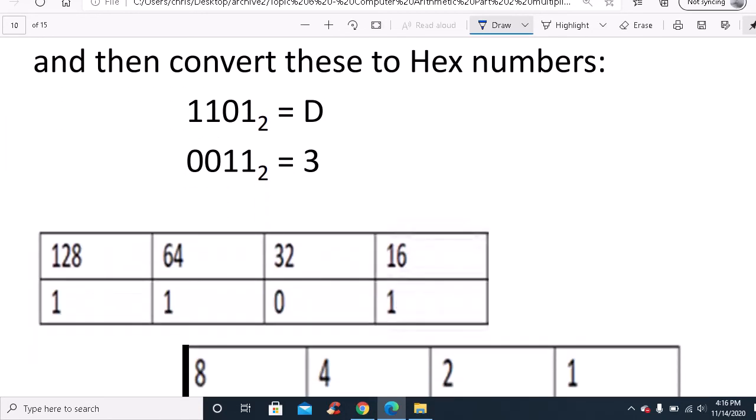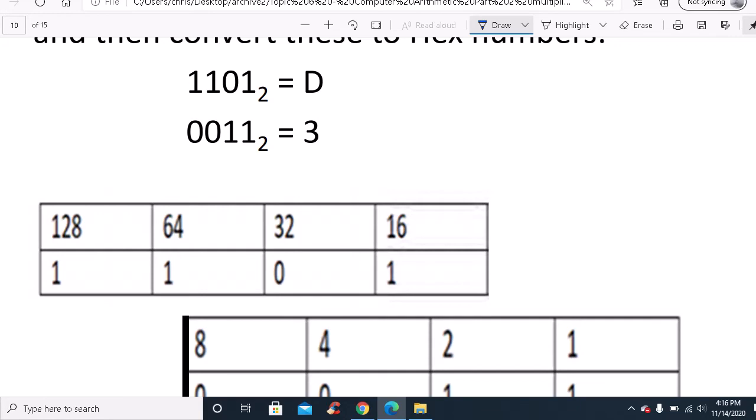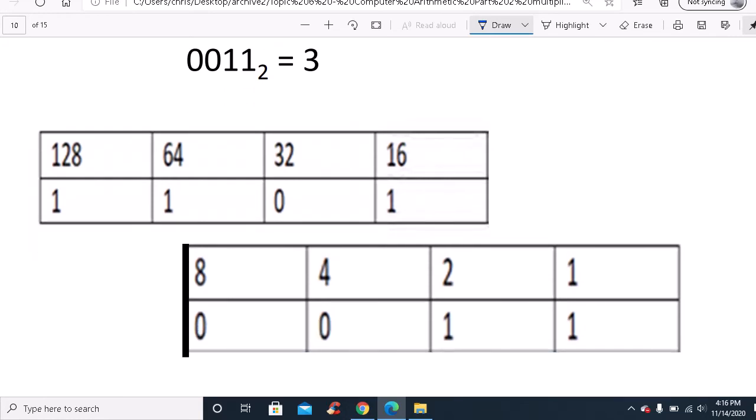So just work through that and convince yourself that you understand the technique, and the calculation of the equivalent is in fact D3. This number is equivalent to D. These 4 bits are equivalent to 3.